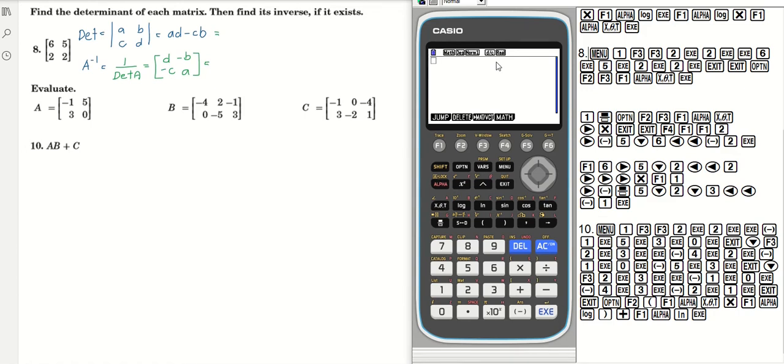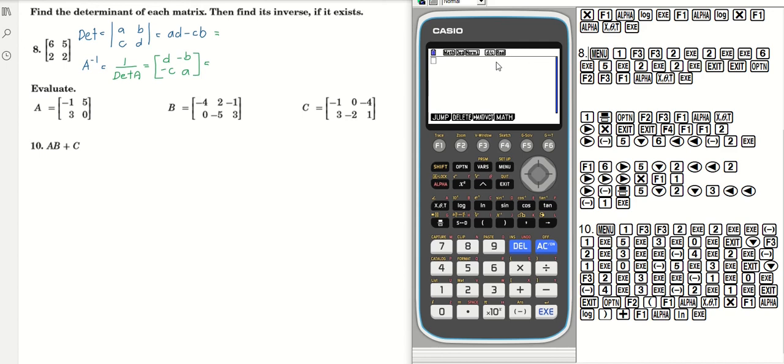Next is finding the determinant of each matrix. If you got the determinant, then find its inverse if it exists. So let's get the difference of the two products of the two elements.